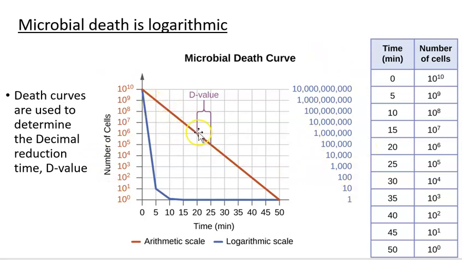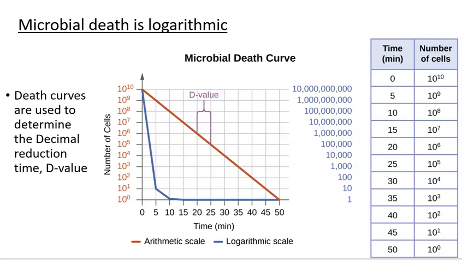And so this D value is giving us our drop in the number of cells, so giving us our 90% death of the population, depending on what particular kind of protocol you're using, whether it's a physical method or a chemical method to try and kill off your cells.